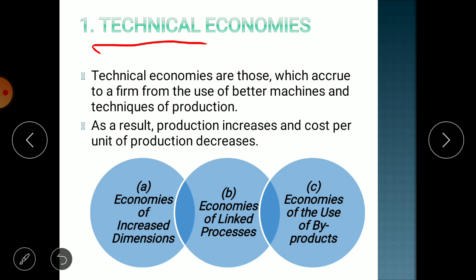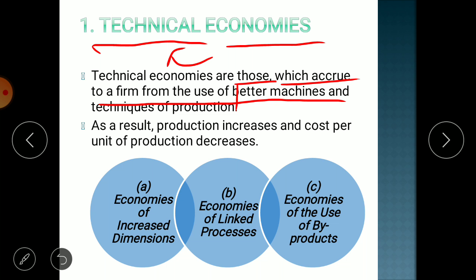Getting it? So if you are having the benefit of economies due to technology, it means you are having the benefit due to machinery. And when machinery can give you benefit, if you are using the improved machinery, the latest machinery, that is written here, which accrue to a firm from the use of better machines.